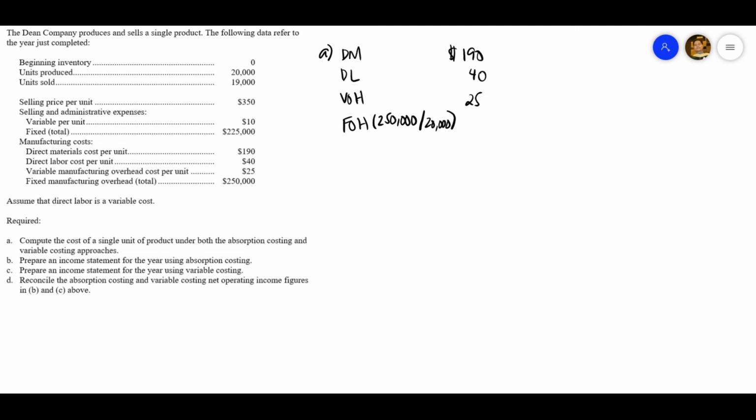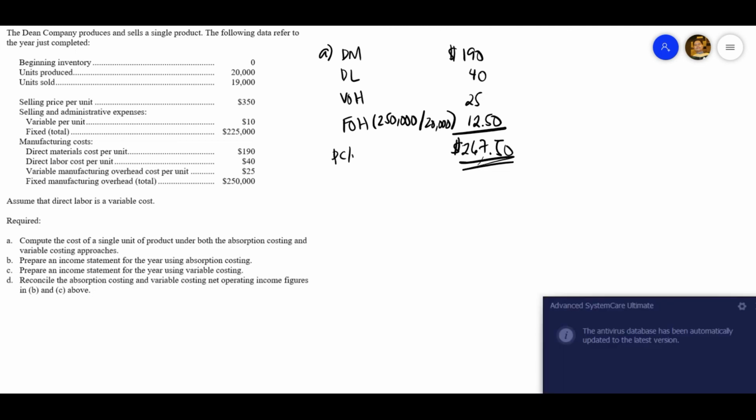And it will give us a value of 12.50. So your total unit product cost under absorption costing is 190 plus 40 plus 25 plus 12.5, which should give us a value of $267.50.